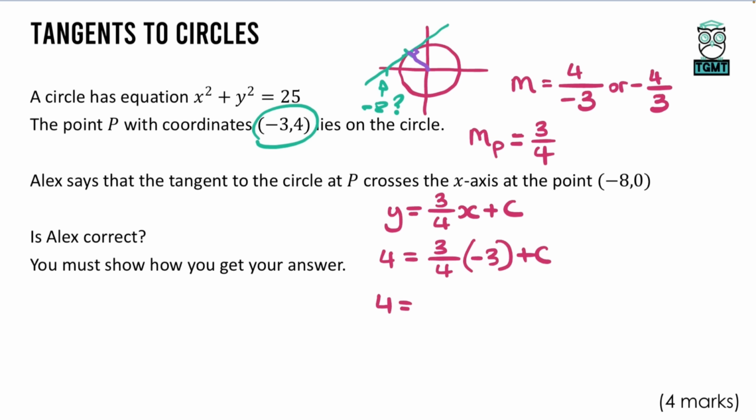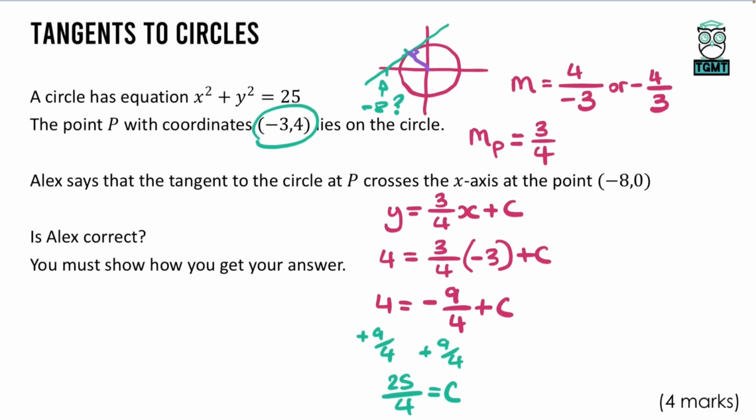So we get 4 equals -9/4 plus c. Now we need to know the value of c. So we add 9/4 to both sides. I'll probably do 4 plus 9/4 on my calculator. Don't necessarily need it, but it is going to speed it up a little bit. So we get 25/4 is equal to c.